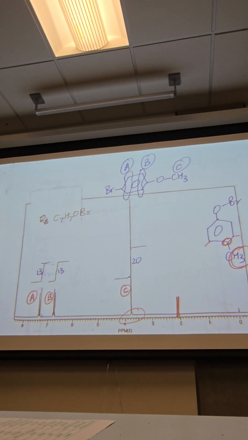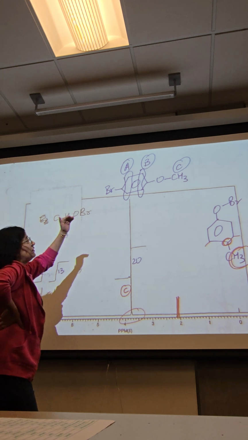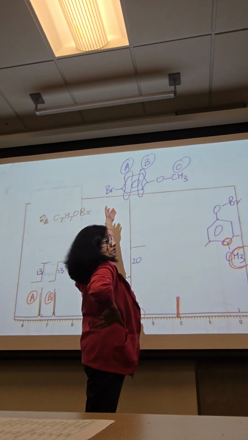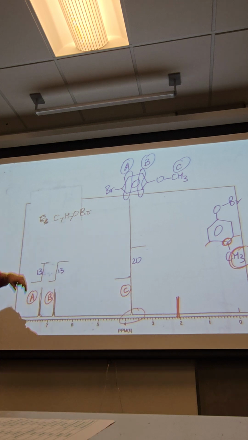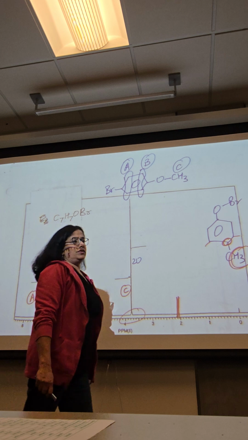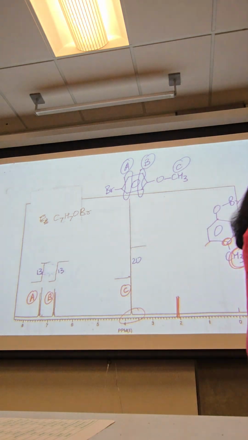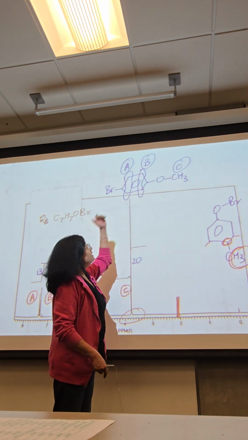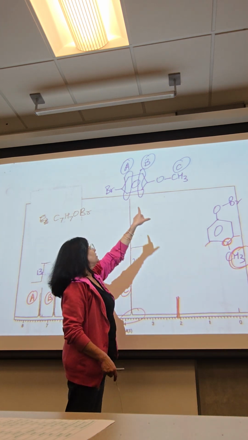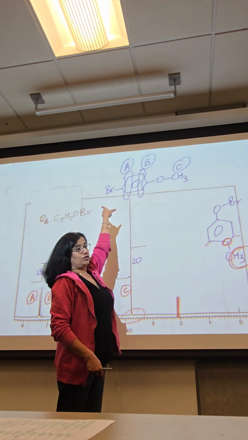So what does that have to do with it? You're right, B is kind of closer to C, but it's still pretty far away for C to have any effect on B. Okay, what if that were hydrogen instead of CH3? Would that argument change? It shouldn't, because the argument about resonance is still the same. Oxygen having a lone pair can push electron density via resonance into the ring.